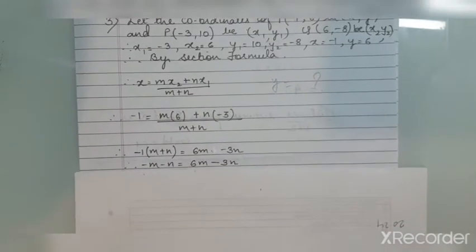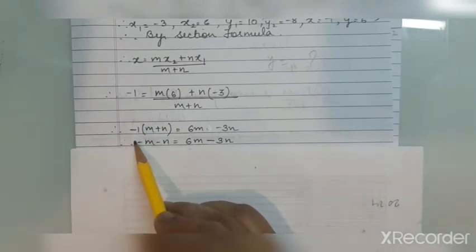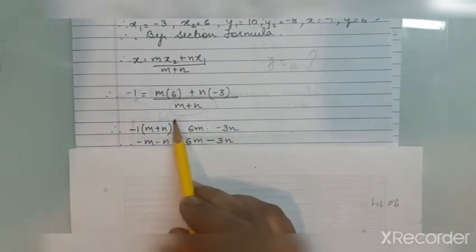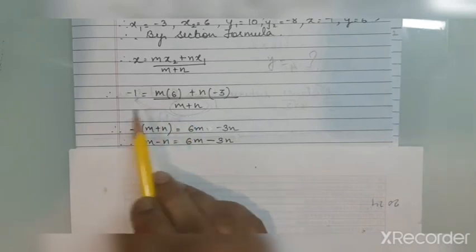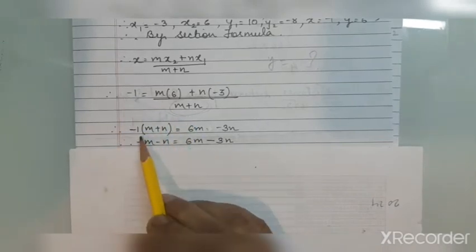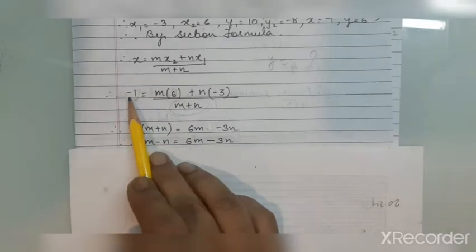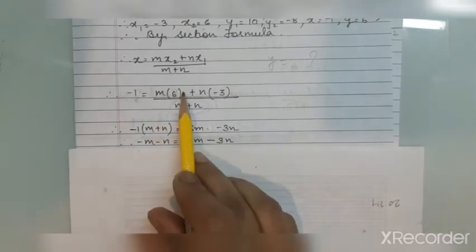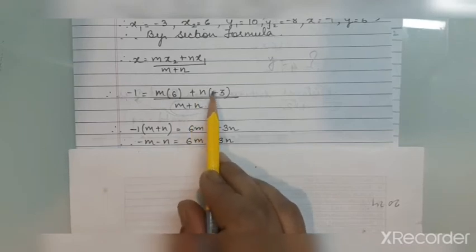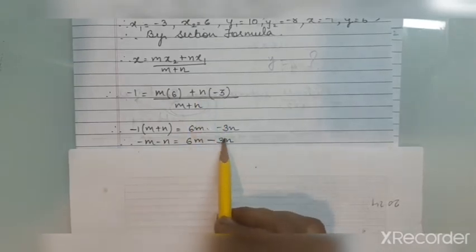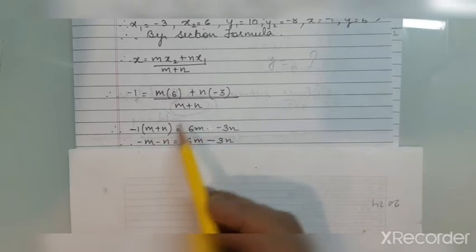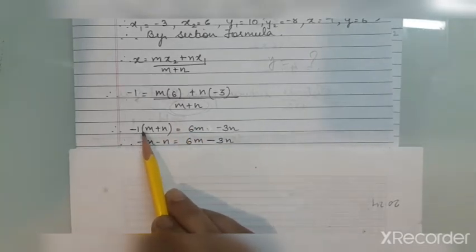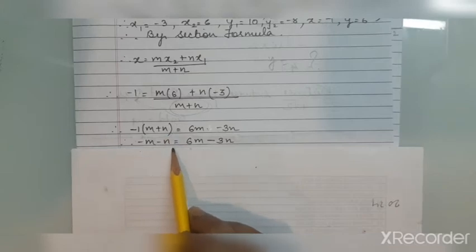Now we solve here -1, and what is in the denominator we shift to the other side. When it is divided, when it goes to the other side it becomes multiplied. Therefore I have written -1 multiplied by m plus n equal to 6m plus into minus 3n. Now we first open this bracket. -1 into m is -m and -1 into plus n is -n.